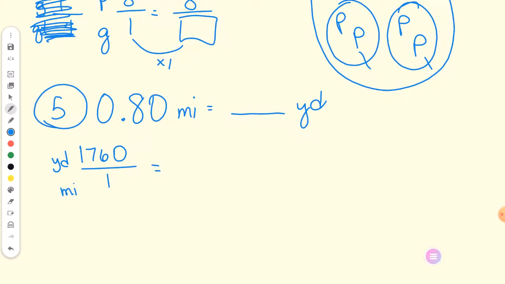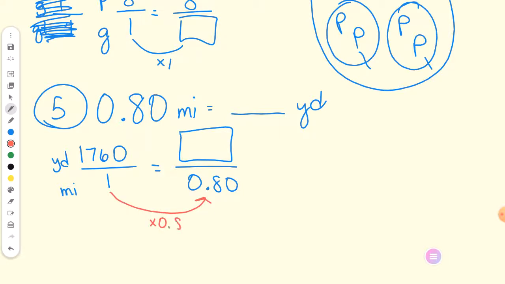Okay. Where does the 0.8 go? Now, it's a tough one again. 1 times what? 0.8. Exact same problem. 1 times 0.8 equals 0.8.